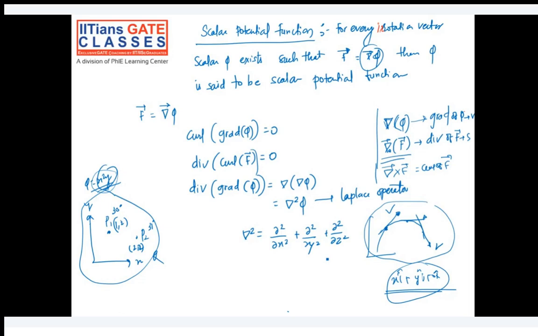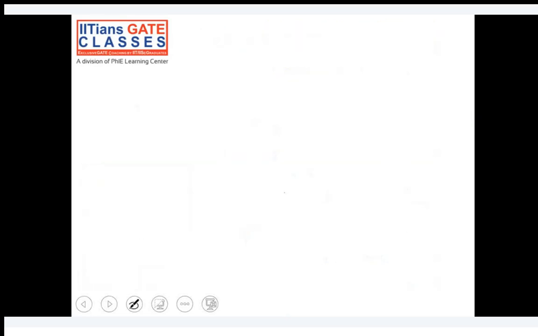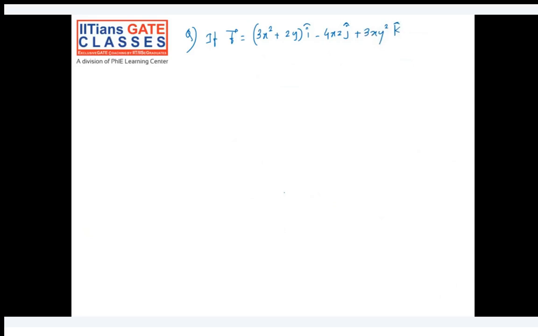If f bar is equal to (3x square plus 2y) times i minus 4xz times j plus 3xy square times k, is the velocity vector, then the corresponding angular velocity at point (2, 2, minus 1) is, okay.